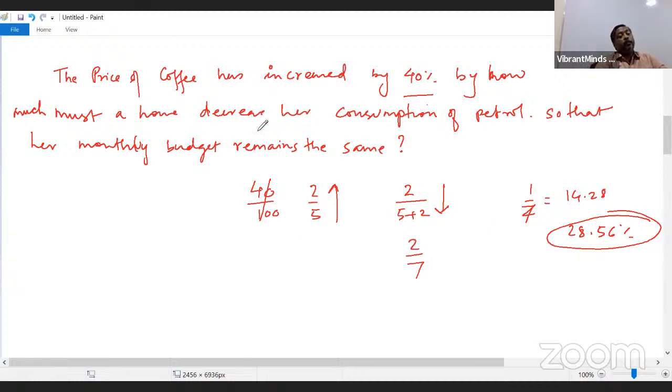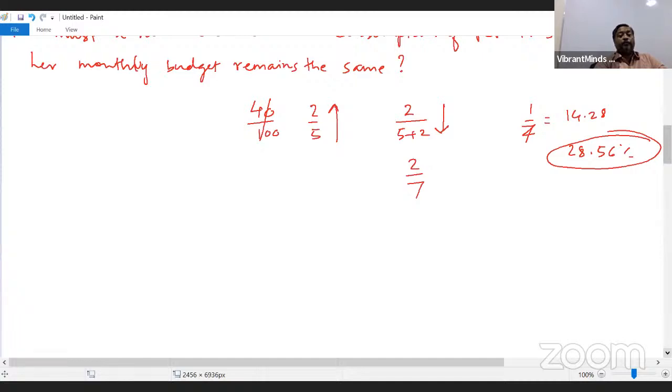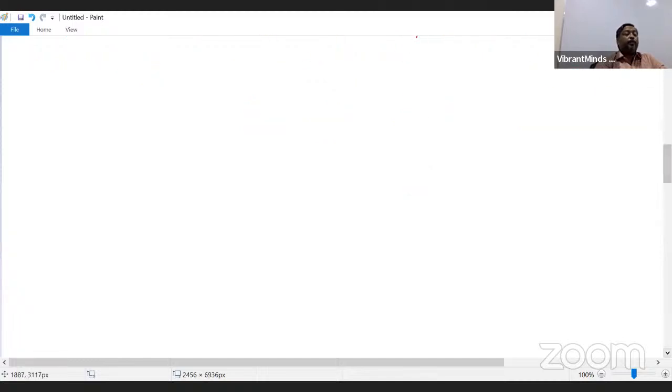So reverse of this is, suppose the price first decreases. So how much more a person will get for the same price? Let's say 100 rupee price has decreased by 10%.